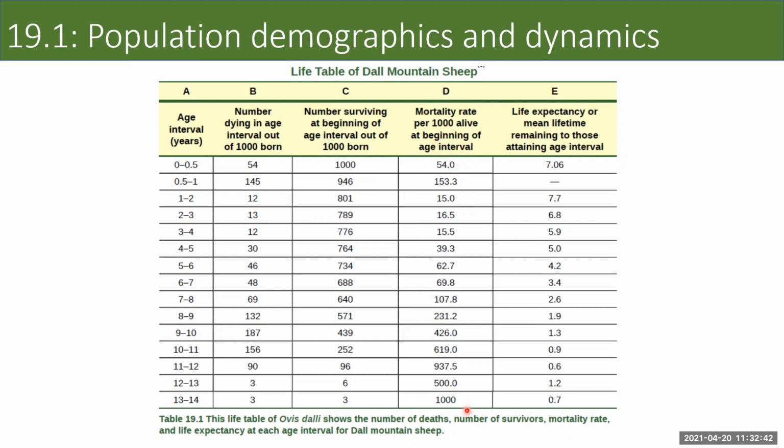That mortality rate is super high for that age class of half a year to 1-year-old. So if that individual makes it to 1 year old, then they're going to be doing pretty well, right? They'll be pretty good for the next couple of years, and then as they get older in age, the mortality rate increases significantly.